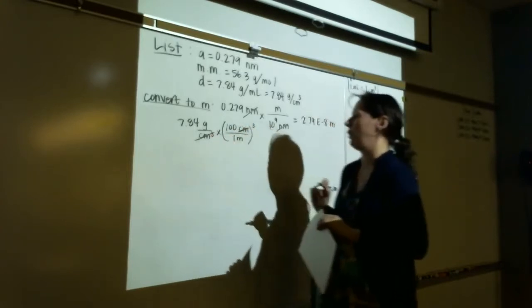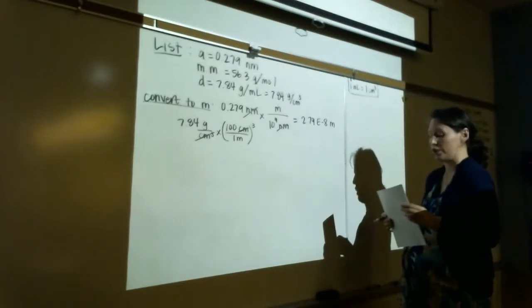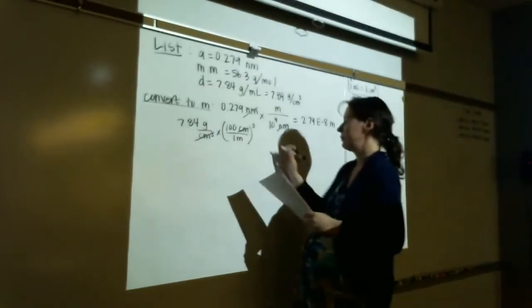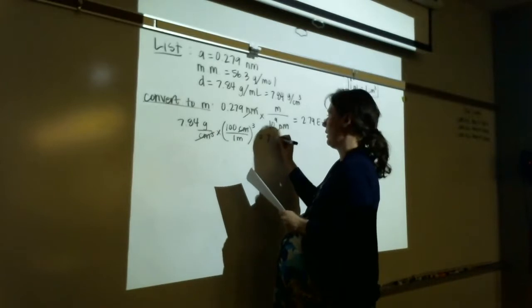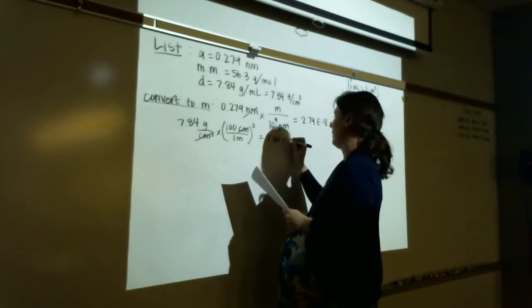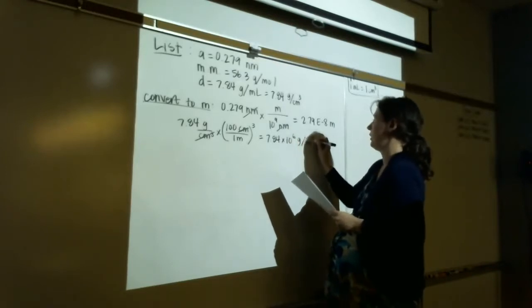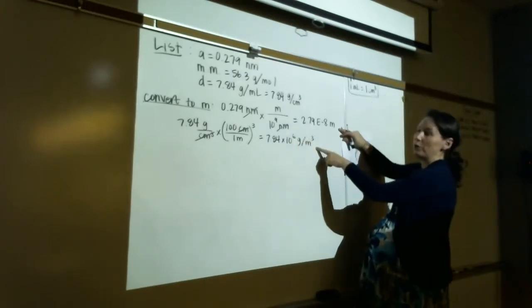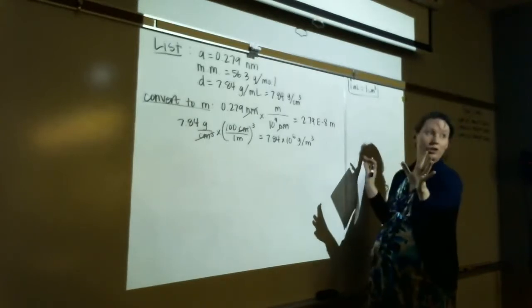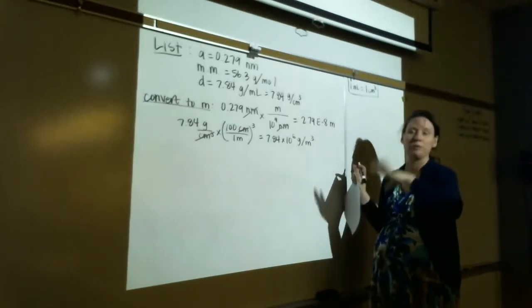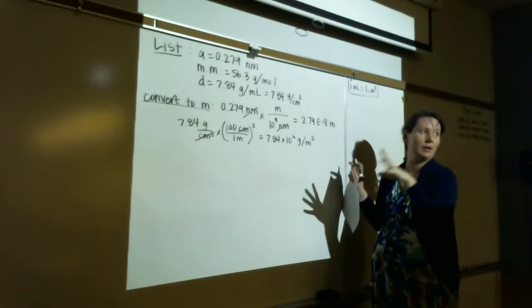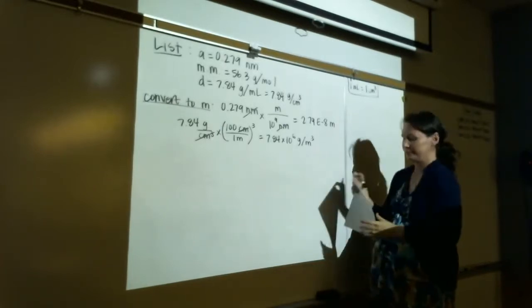So this would be 7.84 times 100 cubed, so 7.84 times 10 to the 6th grams per meter cubed. Now these are in the same unit, so I can do my multiplying, and they're not going to be an issue, right? Because when I multiply centimeters times meters, that's a mess. We want to keep these all in the same unit.